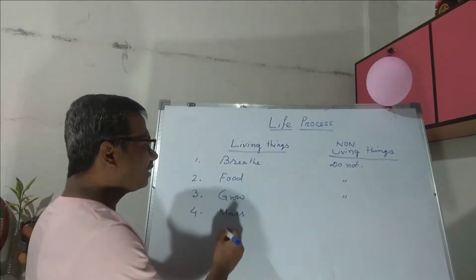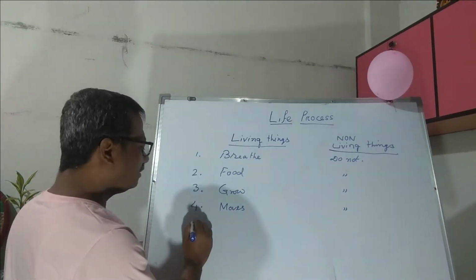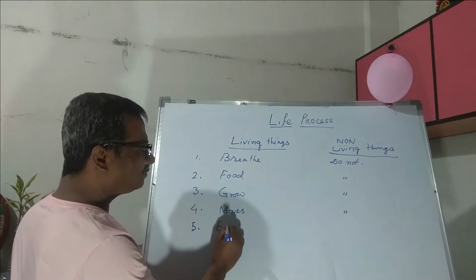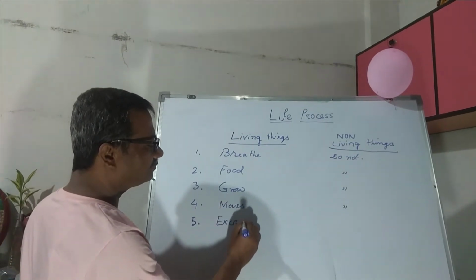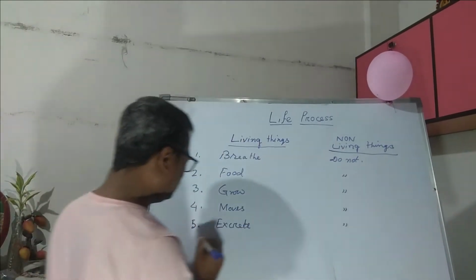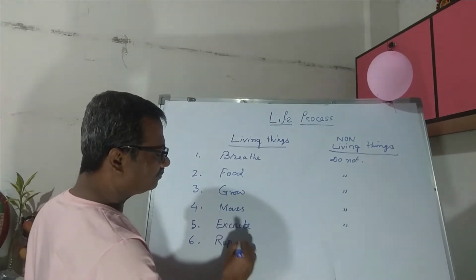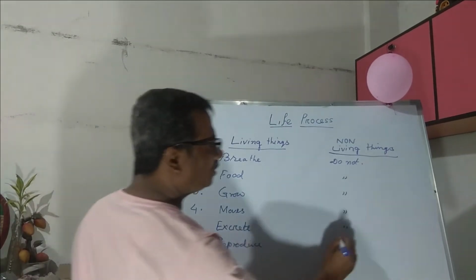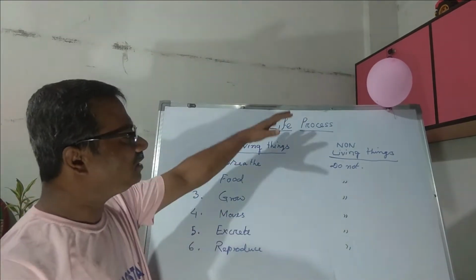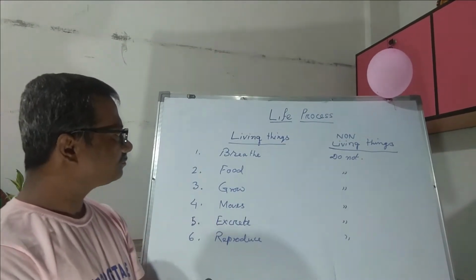But non-living things do not move. Living things excrete. Non-living things do not. Living things reproduce. Non-living things do not reproduce. So, these are the differences between living things and non-living things.